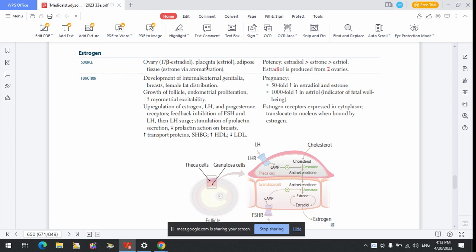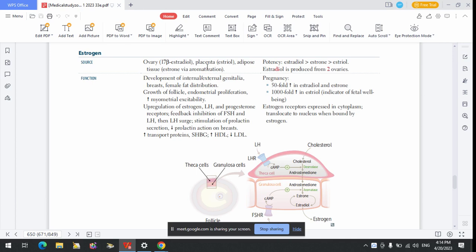Remember that testosterone is also produced in the ovary, and it helps with axillary hair growth and pubic hair growth. But the part of the secondary sexual characteristics that estrogen modulates is growth of the breast, as well as fat distribution, to bring out that feminine figure and shape.